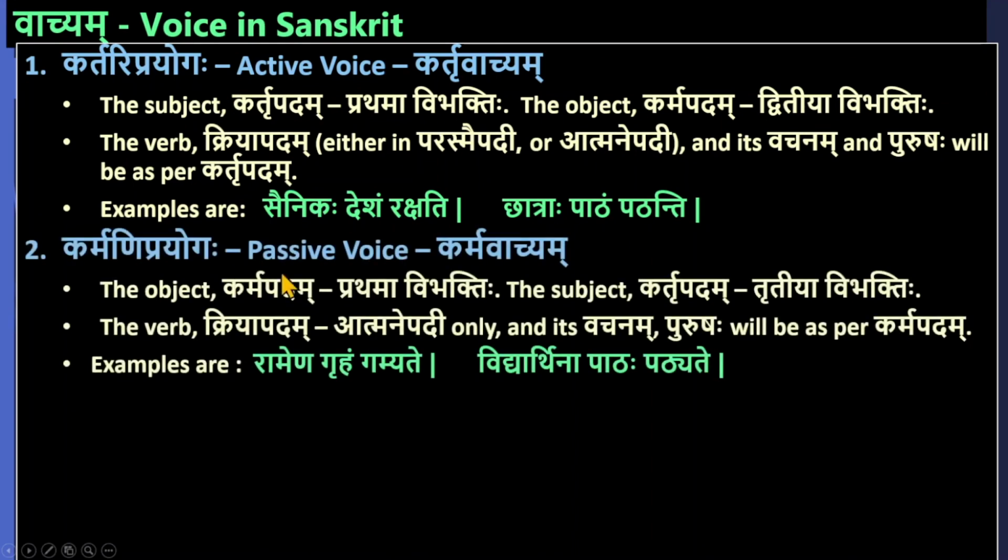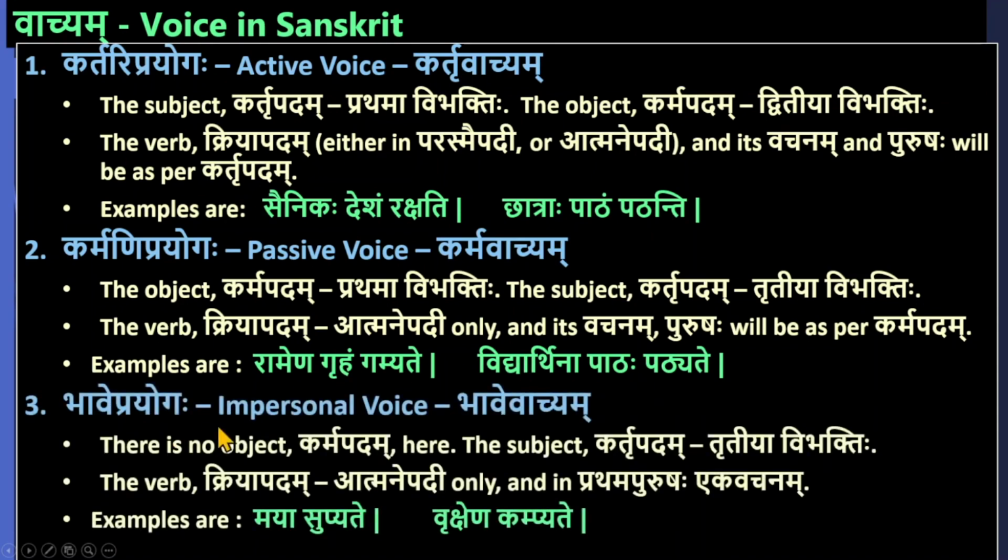Next one, karmani prayoga, passive voice or karma vachyam: the object karmapadam will be in prathama vibhakti, the subject kartrupadam will be in tritiya vibhakti, and the kriya padam will be in atmanepadi only, and its vachanam and purushaha will be as per karmapadam, which is in prathama vibhakti. Examples are Ramena griham gamyate, Vidyarthina pathaha pathyate, like that.